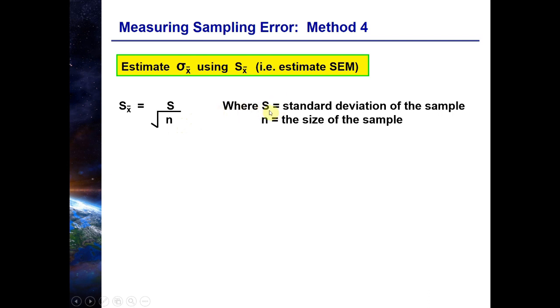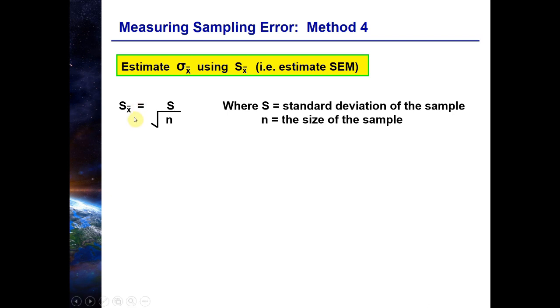It's a quick and dirty calculation to get the standard deviation. We'll let SPSS do that for us. We can easily get the standard deviation, and with a little bit of math know-how, we can take the square root of the sample size and then finally divide S over the square root of N. So this is what we're going to use as our estimate of SEM. It is an estimate of sampling error.